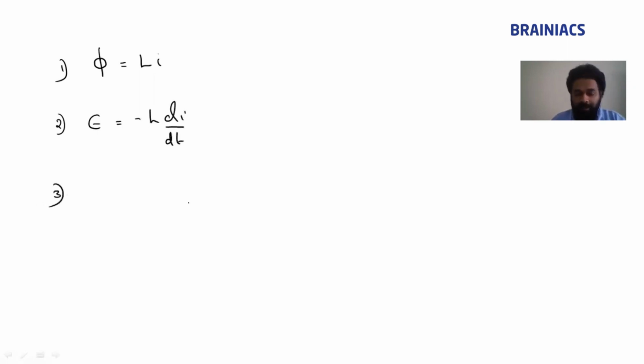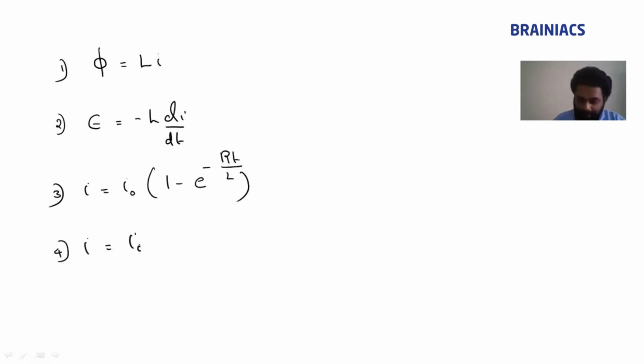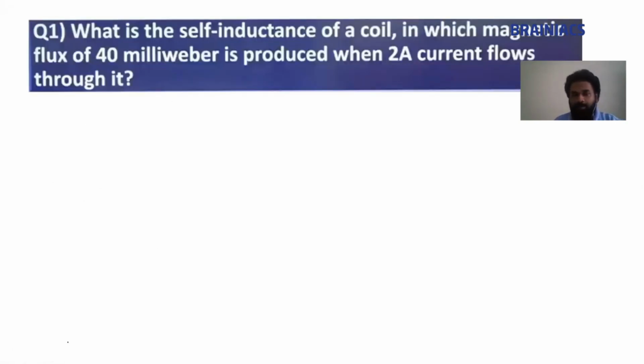Third, the growing current in the inductor is the maximum current into 1 minus e raised to minus RT by L. Fourth, for decay of current, the maximum current into e raised to minus RT by L. That's it. Now we will try some problems.